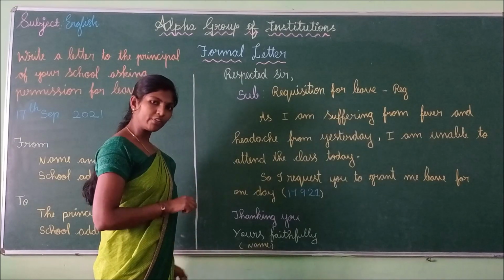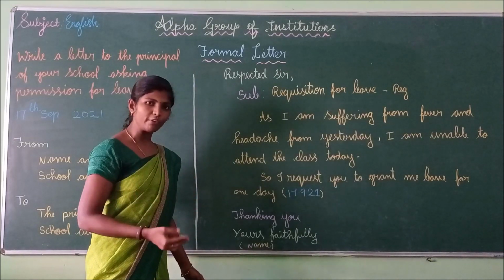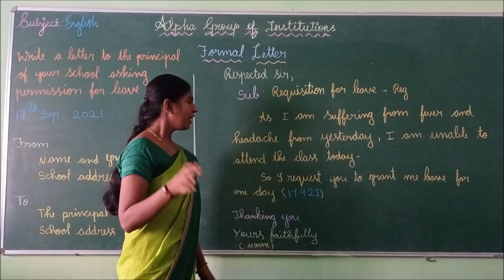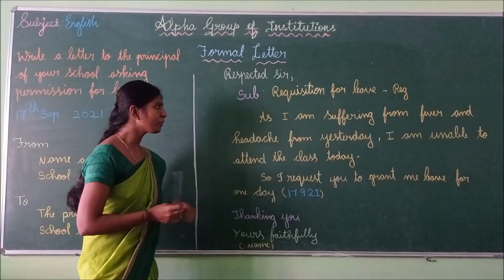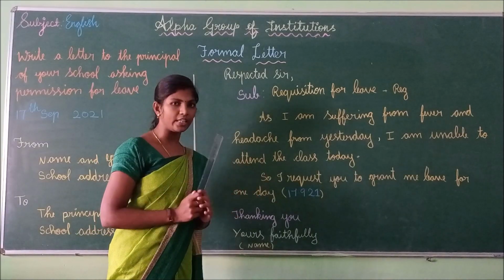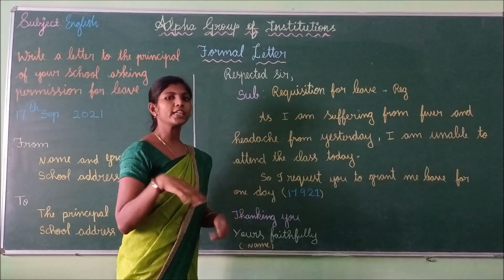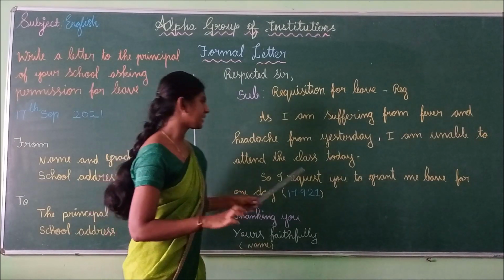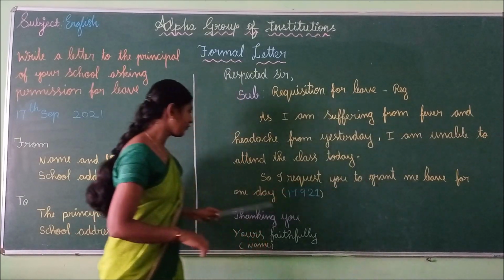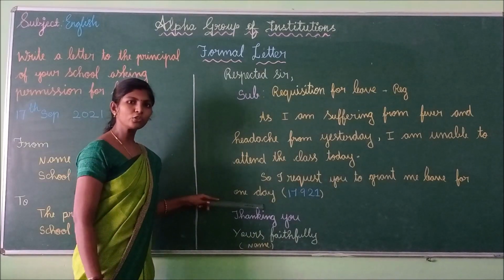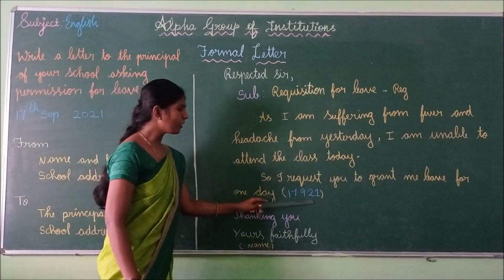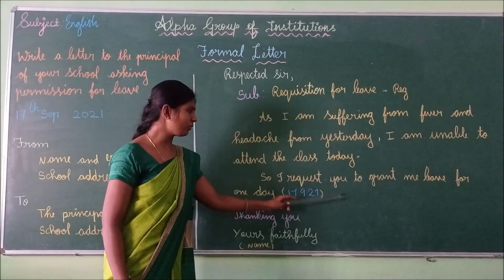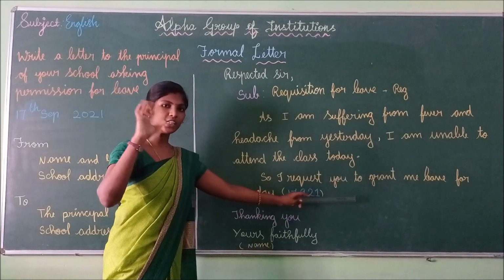Remember that if you are giving your signature here, you will have to write your full name in the next line, or else you can write your full name here itself. And one more thing, dear children: I gave a sample for one day's leave. If you are taking two or more days of leave, you will have to write here, I request you to grant me leave for how many days. So 2 days or 3 days, and here you will mention 17/9/2021 to the date till you need leave.